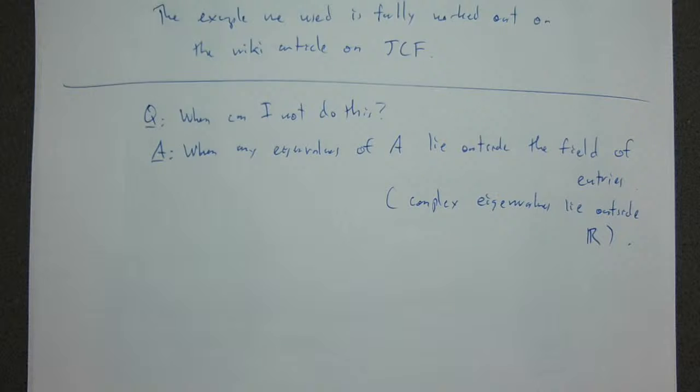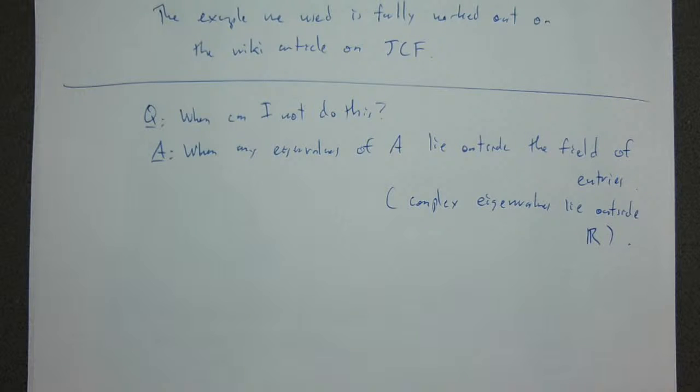The only problem is that I can't slap complex entries into that matrix J. If you're willing to do linear algebra over the complex numbers, then you're perfectly fine, and you get Jordan canonical form for complex matrices.